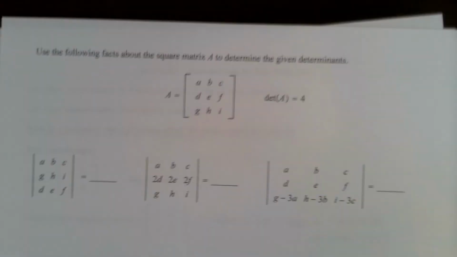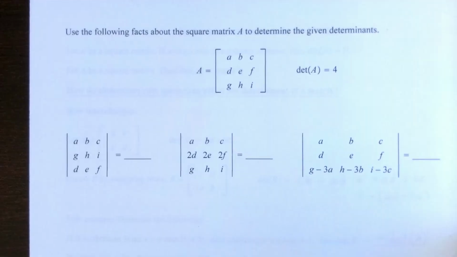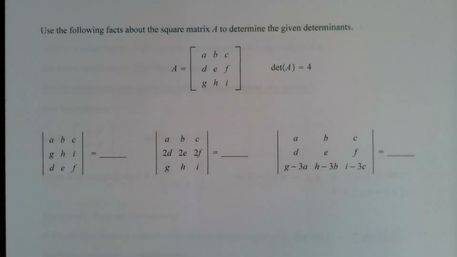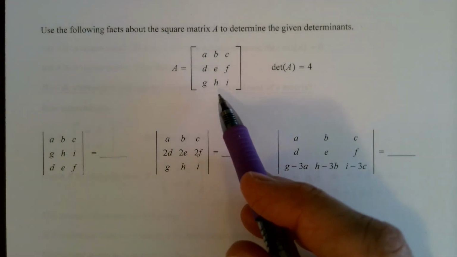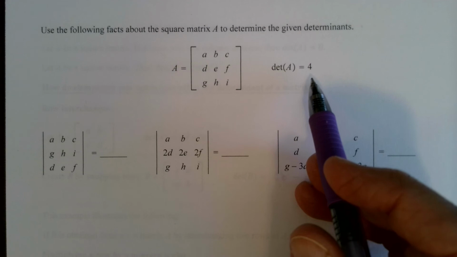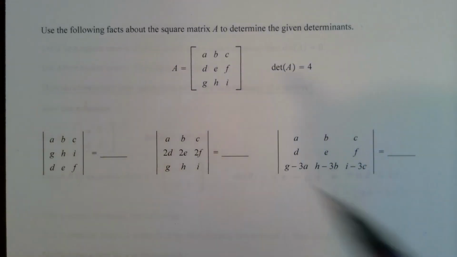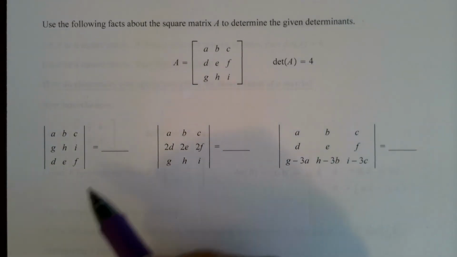Okay, in closing, let's just take a look at putting all the stuff that we've learned in this section together. Suppose I have a 3x3 square matrix, and I know its determinant is 4. Then let's find the following determinants. And so look at this one.